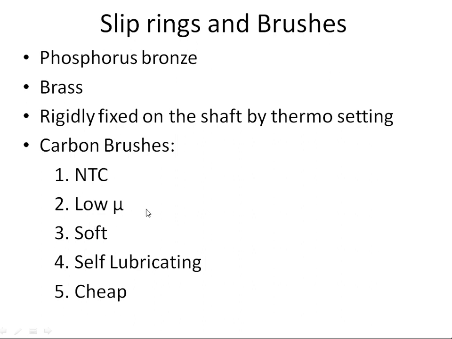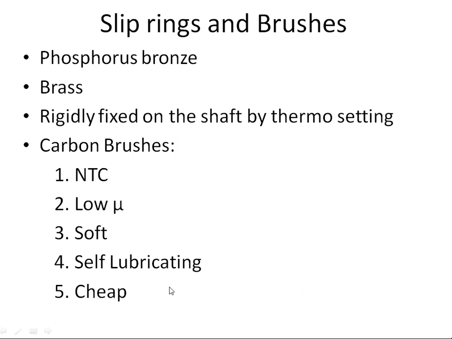The coefficient of friction is very low, so it has very little frictional loss. It is softer as compared to the phosphorus bronze, so it will get eaten up more as compared to the slip ring material. So its replacement will be very easy and cheap, because this material is very cheap. So the maintenance cost and time required will be very less.